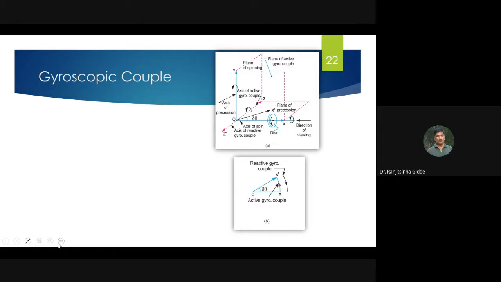Okay. So this diagram is shown for your information only. Don't draw this. I will draw another diagram. Please just see.